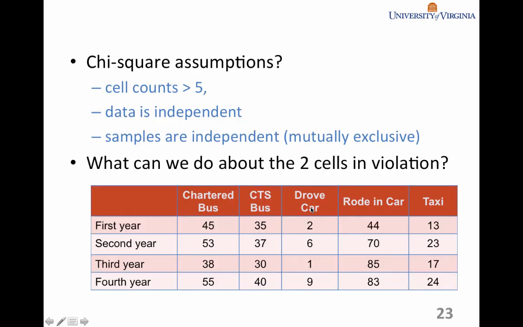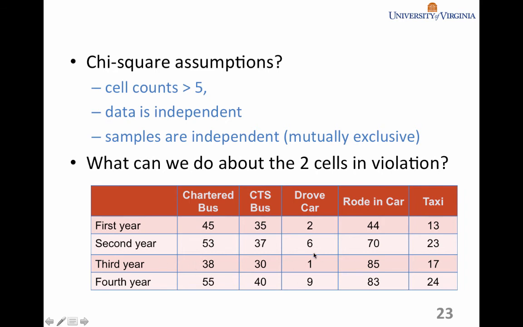Now there are some assumptions of chi-square. The data needs to be independent, which you could check in this case if the data were listed in the order it was collected. We're not going to check it. Each of these categories needs to be mutually exclusive or independent from each other. So for each person, there's only one value in this table that represents that person.